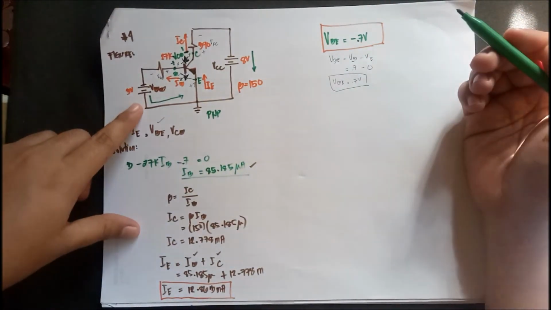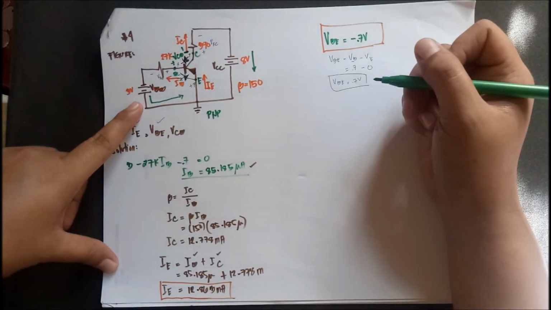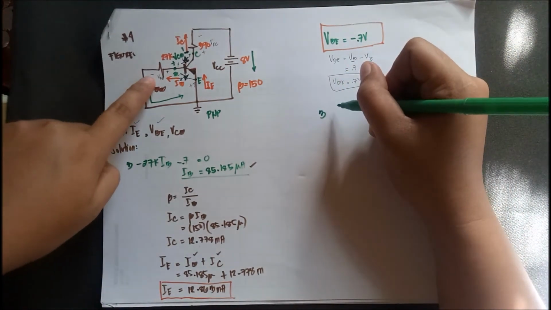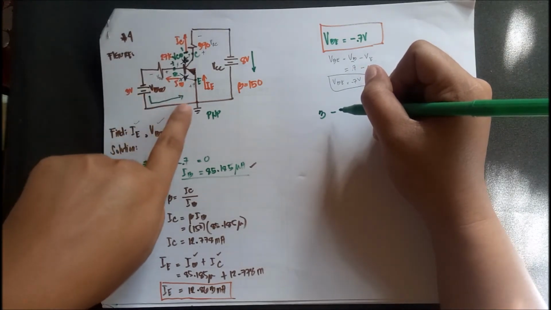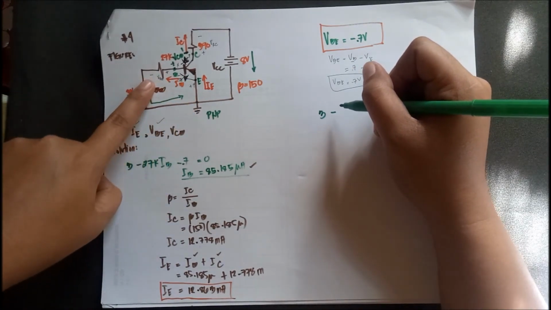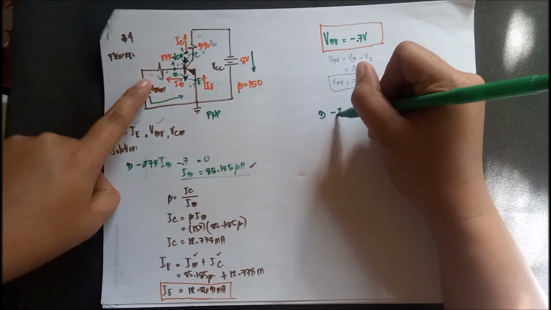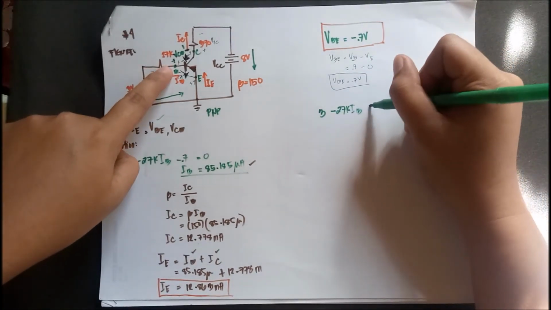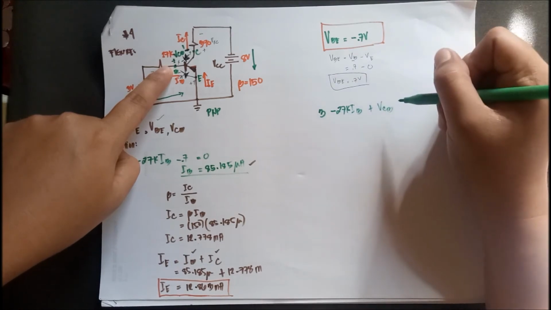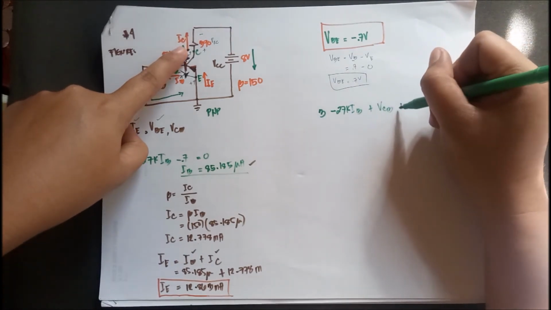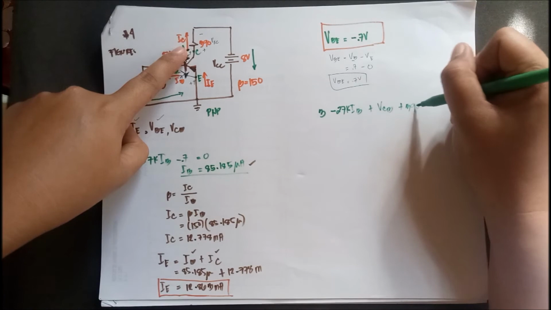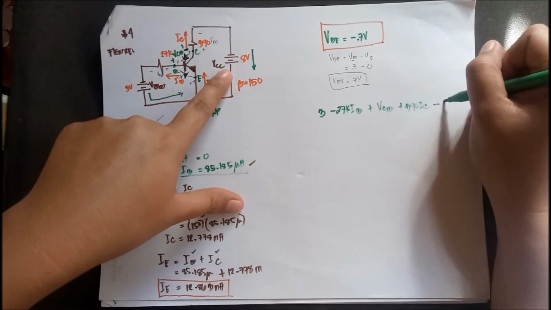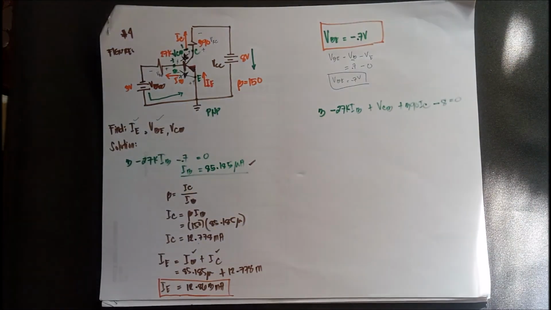So, we'll start here. This would be positive 3 volts. This is minus kasi dito pumasok yung current. So, minus 27K IB plus VCB plus 390 IC minus 8 is equal to 0.